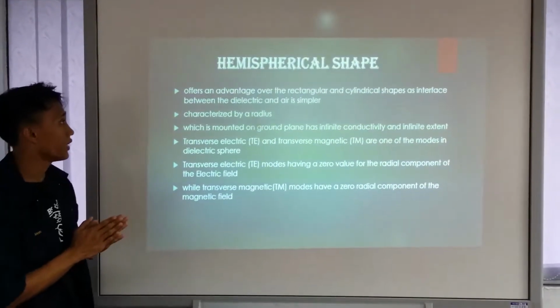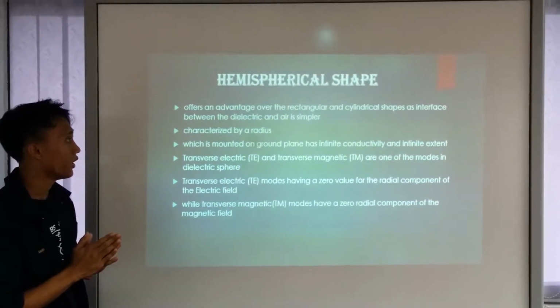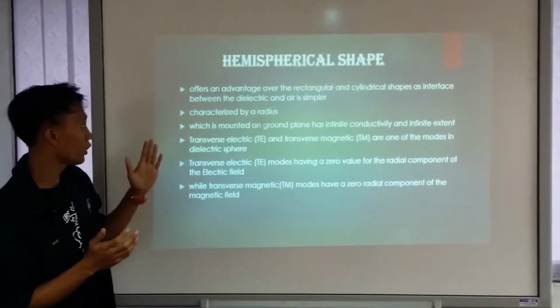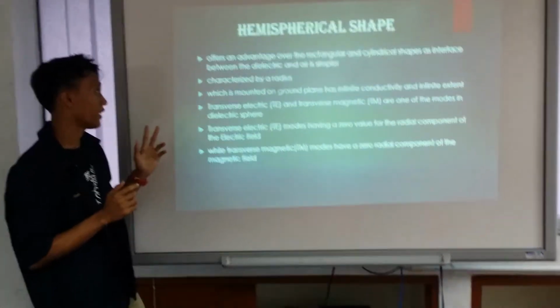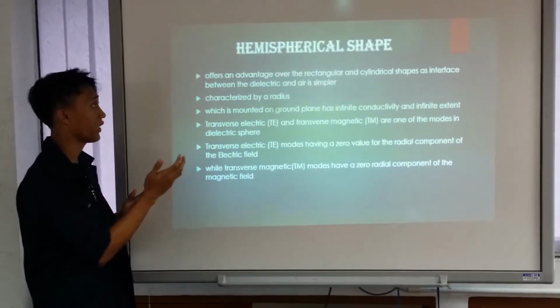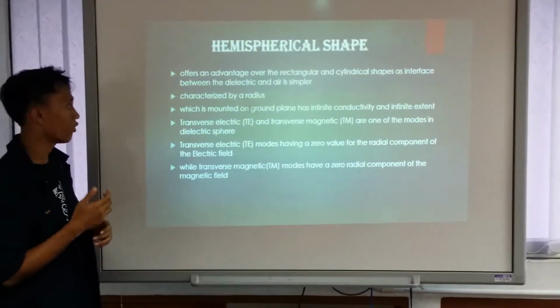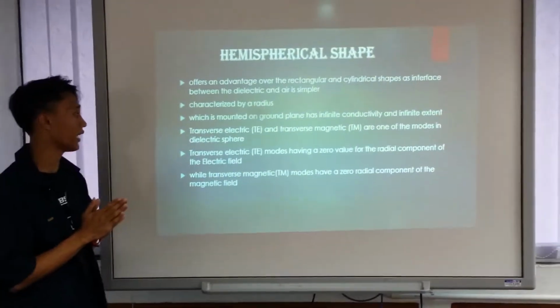For the hemispherical shape, it offers an advantage over the rectangular and cylindrical, such that the interface between the dielectric and air is simpler, and the hemispherical shape is characterized by a radius, which is mounted on a ground plane that has infinite conductivity and infinite extent.